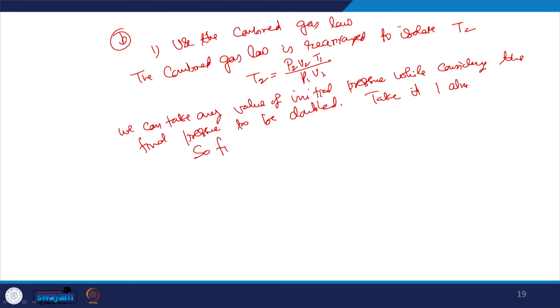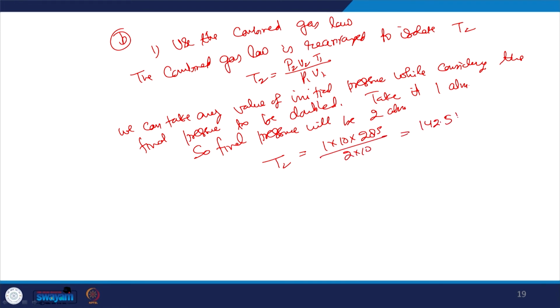So final pressure will be 2 atmosphere. So T2 is equal to 1 into 10 into 285 upon 2 into 10, and that is 142.5 Kelvin, and this is 142.5 minus 273, and that is minus 130.5 degrees Celsius.